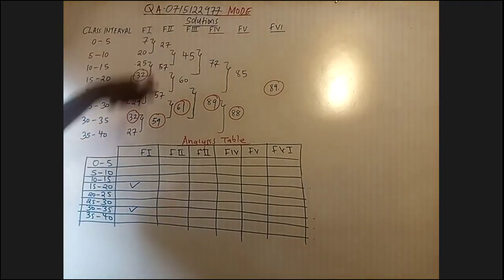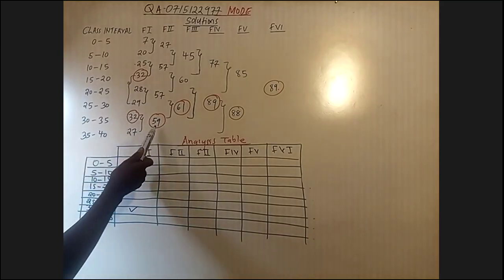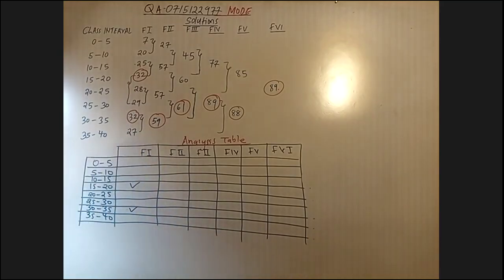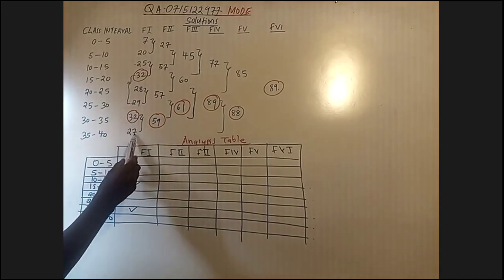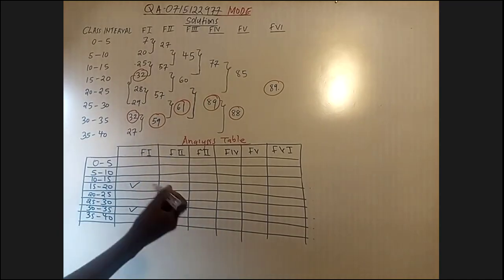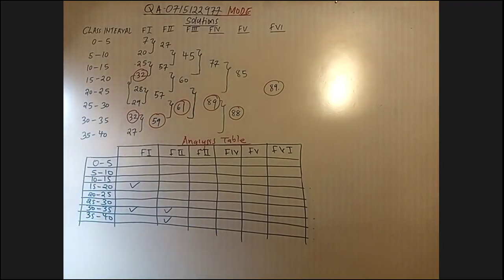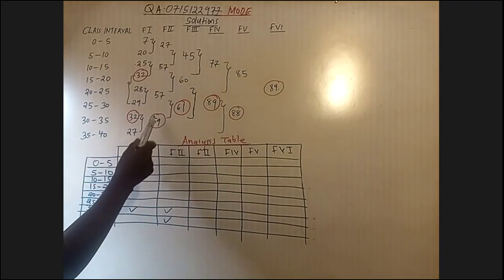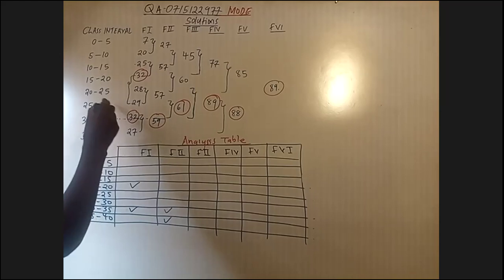Let's go to frequency number 2. 59 appears twice, as 32 and 27. Is that correct? So which one and which one? That's 35 to 40. Do we agree? Next, 61 also appears twice. Looking at our line, it is here and here.